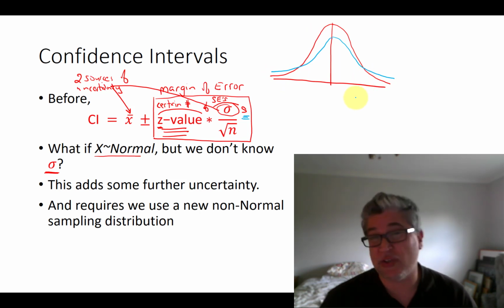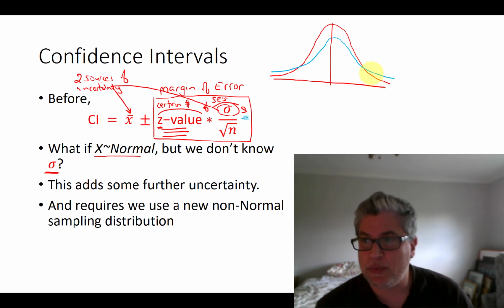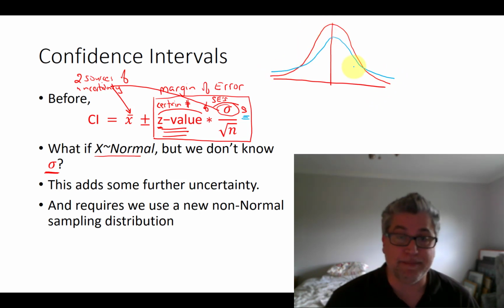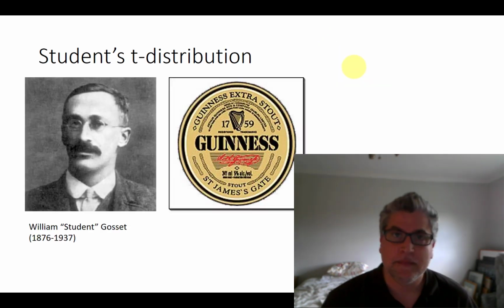But if we have more uncertainty because we have small samples, then we should be pulling from something that looks a little bit flatter, something like that blue line. And it looks like a normal distribution, but it isn't exactly. It's a close cousin of it. The distribution that we're talking about is called student's t distribution.